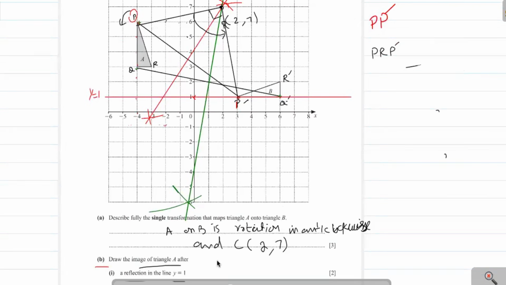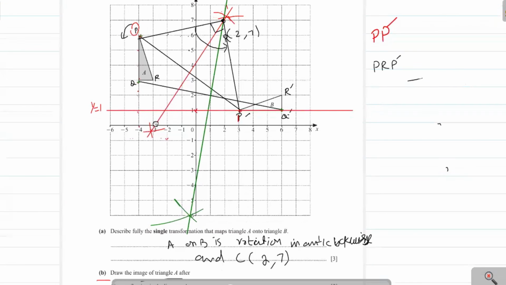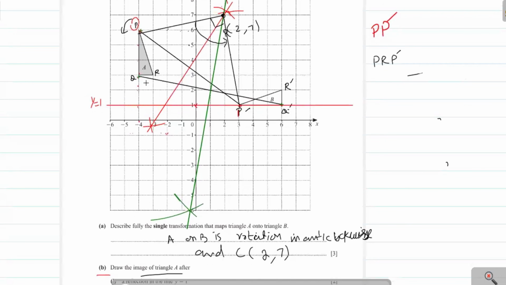Now we take the image of all points of this triangle, P, Q and R. Now you see here the point P is 1, 2, 3, 4, 5 units above. We take the reflection in line y equal to 1. We take 5 units below for this image. Now 1, 2, 3, 4, 5, and this is the point P double dash.